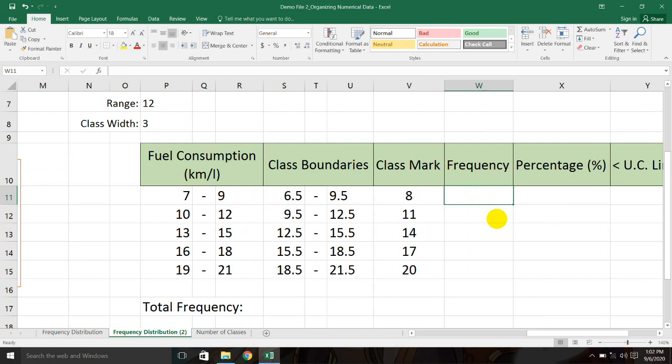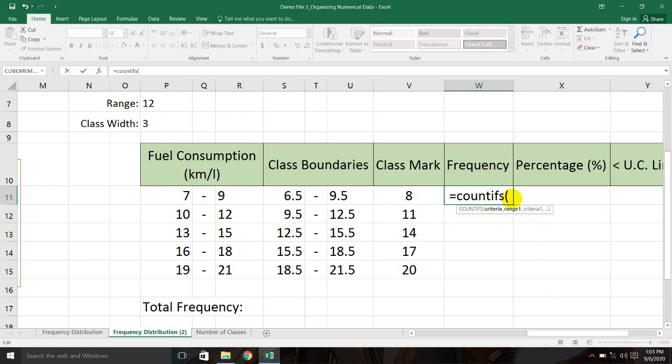Now, this is the most interesting part of our discussion. How do we identify the frequencies if we have class limits? In my previous videos, I talked about COUNTIF and COUNT function. And this time, we'll use the COUNTIFS function. Same, we just need the criteria and the range. But this time, since we are looking for several values like 7, 8, 9 in this case, we need to use the COUNTIFS function.